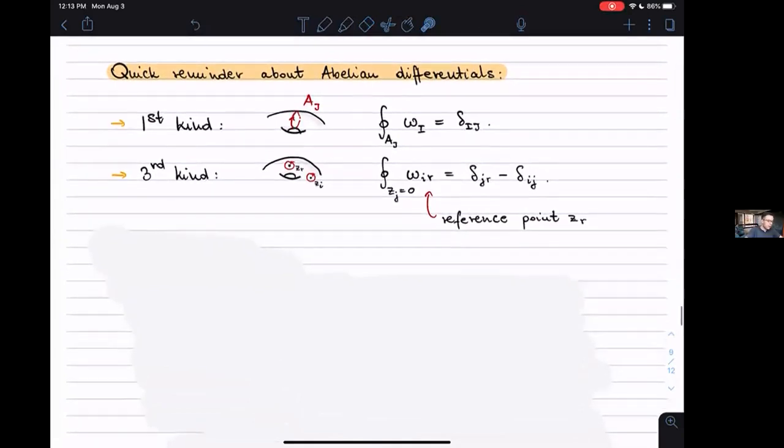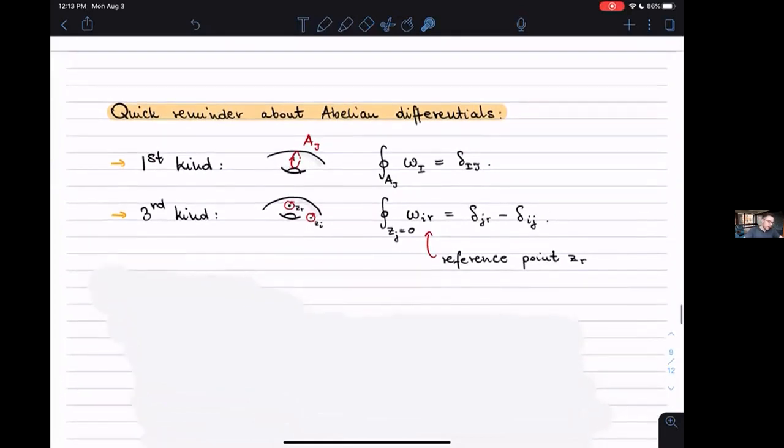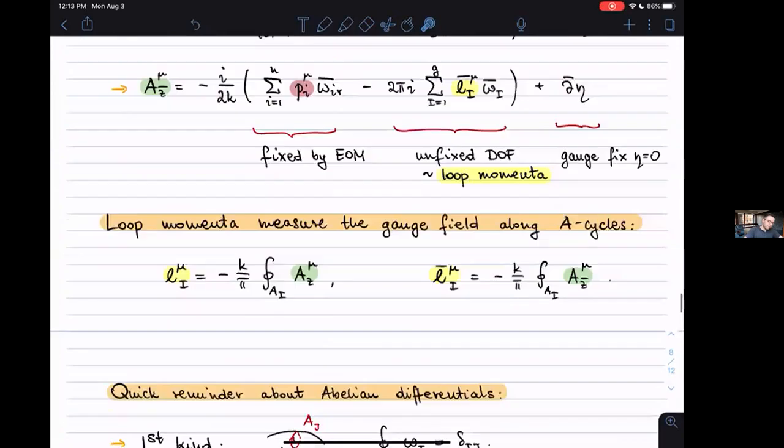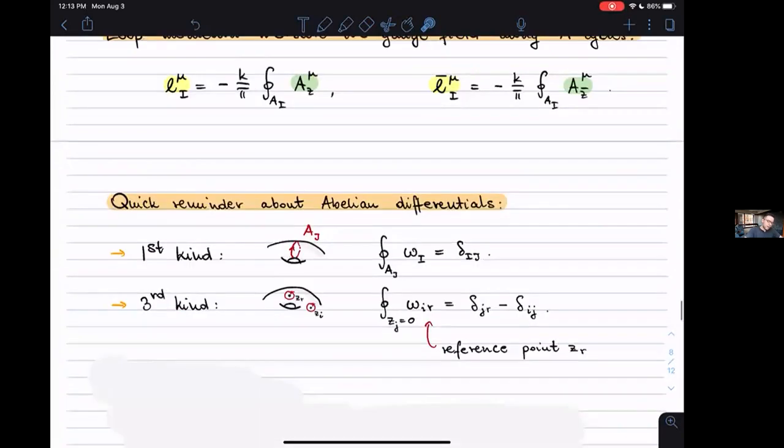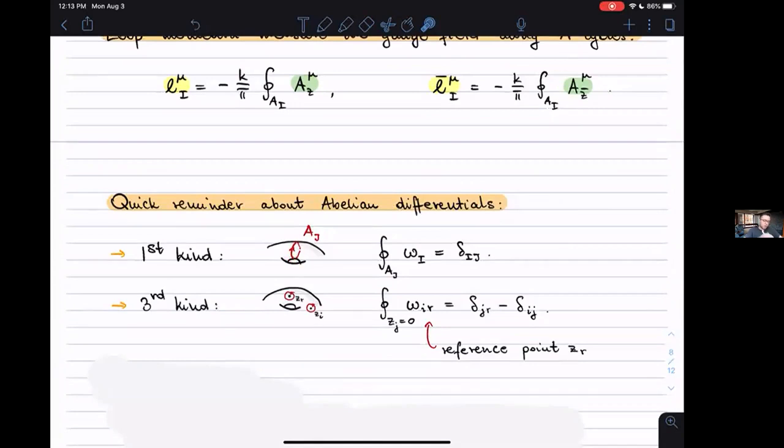So here's a quick reminder about the abelian differentials. We use these two abelian differentials. That was the one of the first kind entering here. That's the one that if you choose to measure something along a handle, so some cycle aj, it will give you 1 exactly when i and j are equal and 0 otherwise.